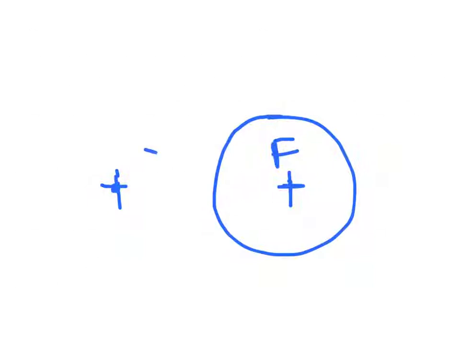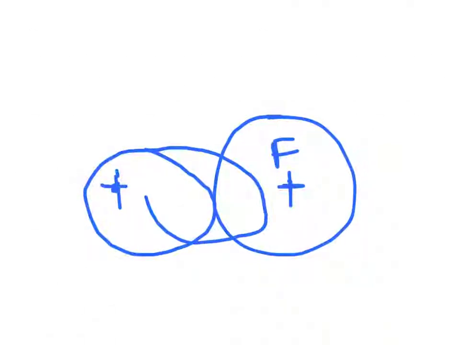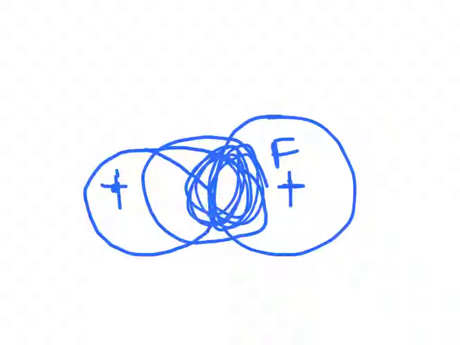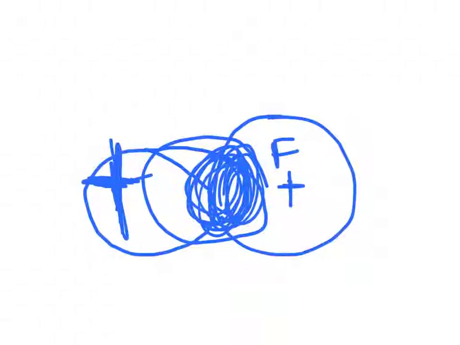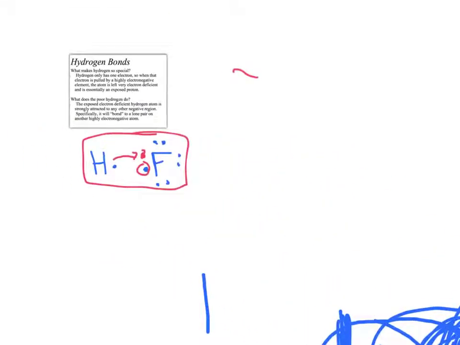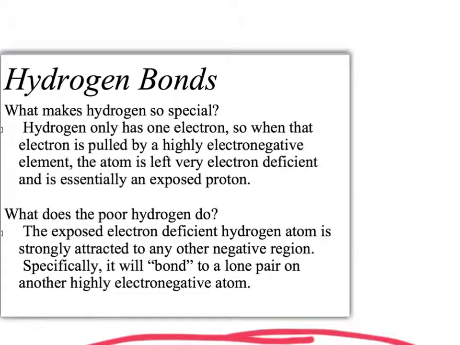But that one electron that's being shared is really shared over here. It spends so much more of its time over here with the fluorine. So what's left behind? Almost an exposed proton. So what am I going to have happening here if you have an exposed proton? That exposed proton is going to be looking for more negative charge anywhere it can get that negative charge.